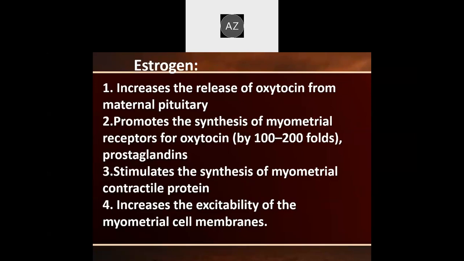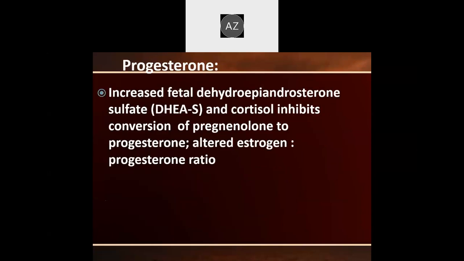It increases the excitability of the myometrial cell membrane. This is very important. So the threshold for excitability of these contractile tissues decreases. There is also stimulation of synthesis of the contractile protein. There is promotion of synthesis of myometrial receptors of prostaglandins and oxytocin production from the mother.